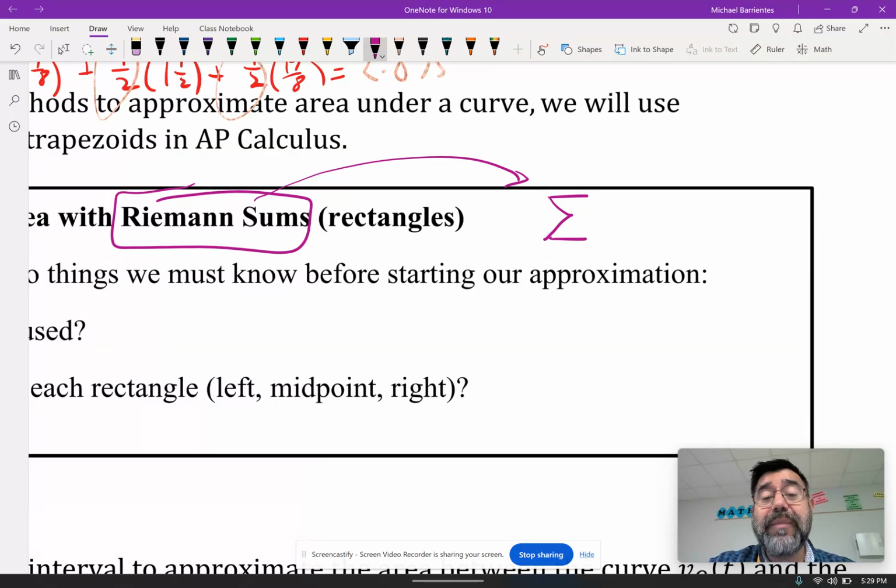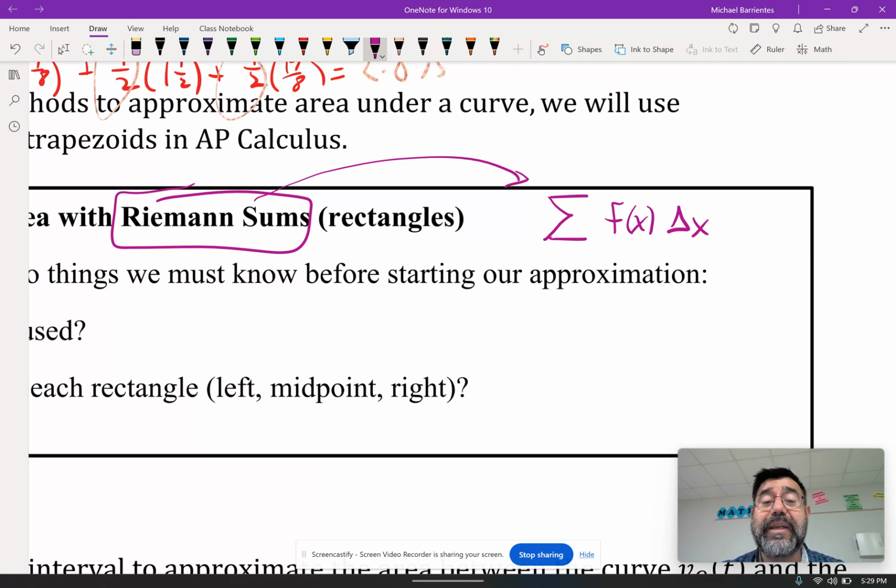And what Riemann came up with was this idea that we're adding terms that follow this pattern. We're multiplying a function value times a change in x value, which corresponds directly with drawing rectangles, because we said the function value is the height of the rectangle, and the delta x would be the base of the rectangle.